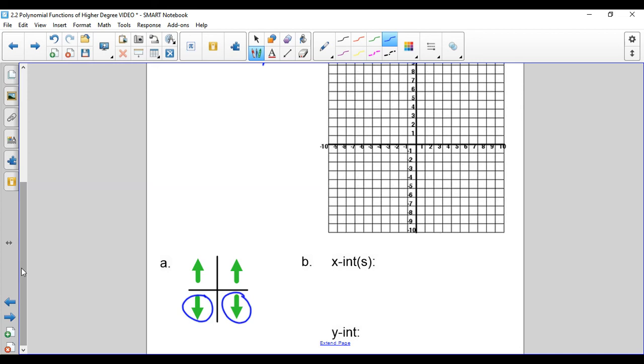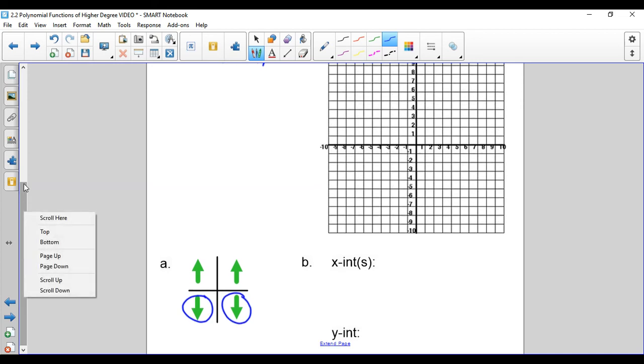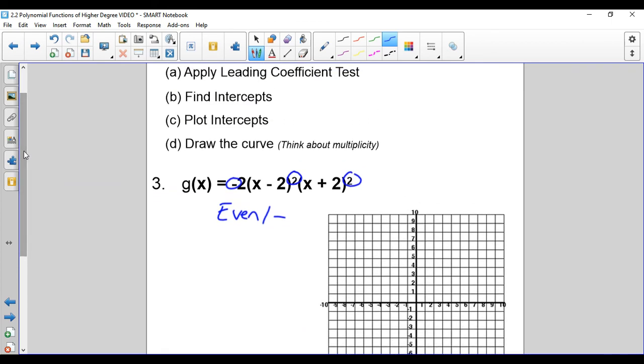Since there's a negative out front, both ends go down. Now, I'm factored. I got everything I need. I got x equals 2 and negative 2 as my solutions, and that's it. Now, both of these show up 2 times though. So that means at 2 and negative 2, we are going to bounce off those.